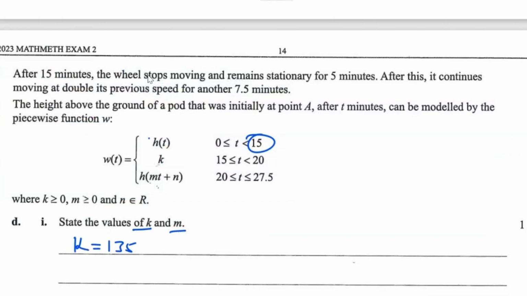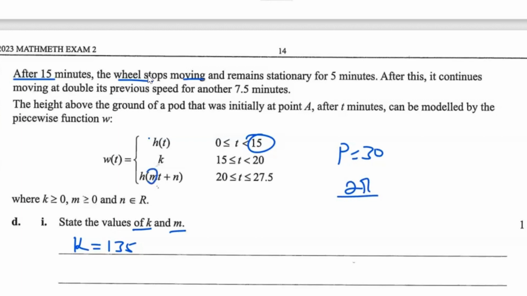And my m value is basically, so now after 15 minutes the wheel stops moving and remains stationary for 5 minutes. After this it continues moving at double its previous speed for another 7.5 minutes. So now as it doubles, the period is actually halved. So the period was 30, so that means 2 pi over it.